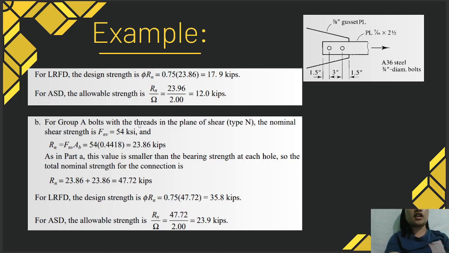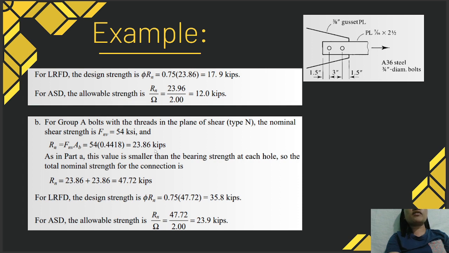Yes, 54 is right. So we will use that. Then Rn is equal to 54 times the cross-sectional area, which is 0.4418. So Rn is equal to 23.86 kips.